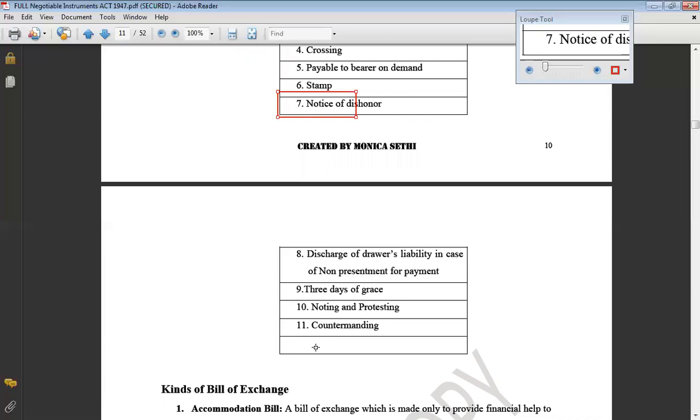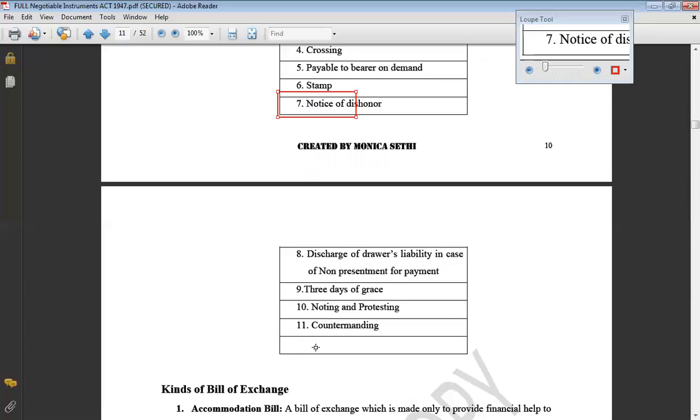Then discharge of drawer's liability in case of non-presentment for payment. Now the due date has come for the payment. In that case, the person who has to receive payment has to present the check for payment. Unless he presents the check, payment will not be given to him. So in case the check is not presented, drawer cannot be held liable for non-presentment of check.